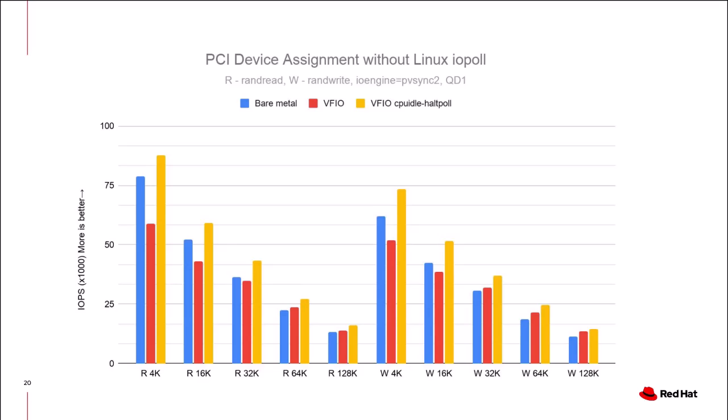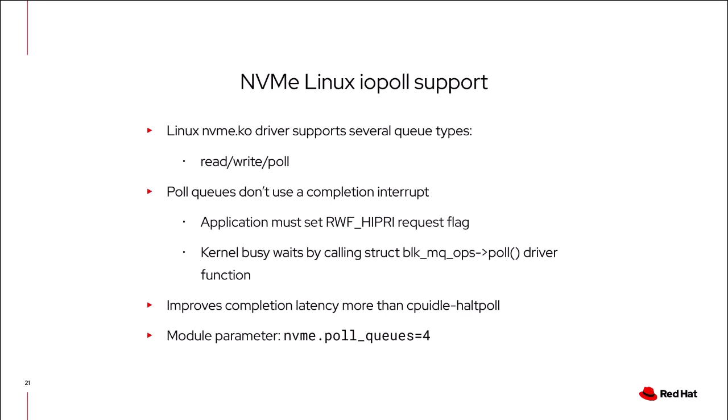And we're going to take this a step further. There's another polling approach we can use, and that will make the bare metal versus virtual machines comparison fairer, and it will show us the final picture. So here we go. The Linux NVMe driver allows you to allocate queues for specific usage. So it's possible to actually reserve polling queues. What those poll mode queues do is when an application sets the high priority request flag, the kernel will busy wait for those requests to finish.